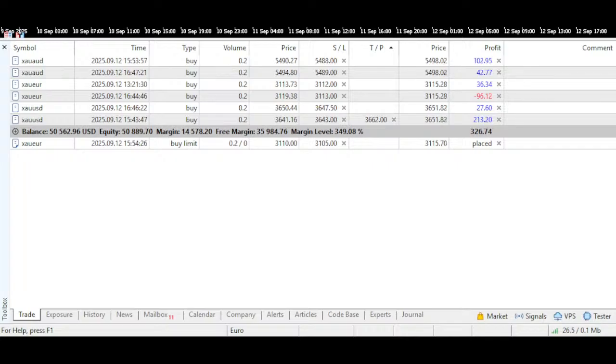And gold Aussie, I think 92. Okay, 92 can be revised to 92. So one trade, maybe this one I will raise to 92.